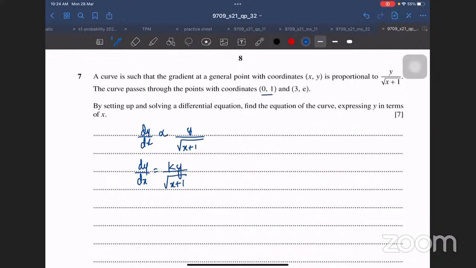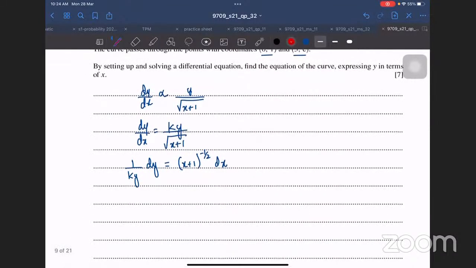The curve passes through the points this and that. By setting up and solving a differential equation, so I need to solve a differential equation. So this is going to become 1 over ky dy. Okay. And separation of variables, that's the first step in solving differential equations.